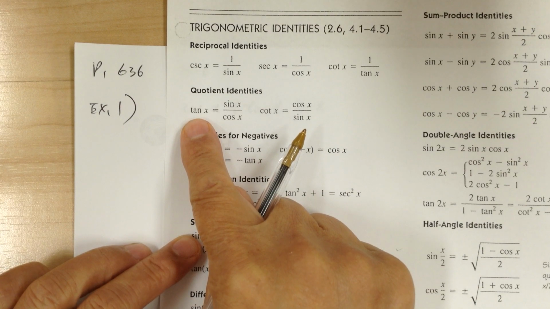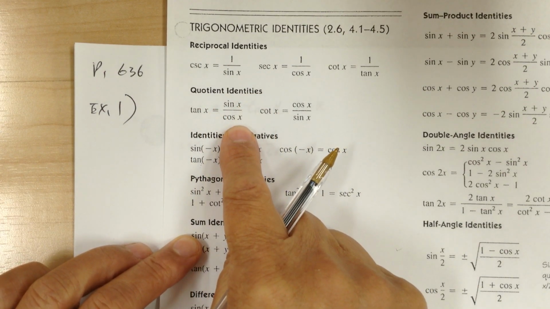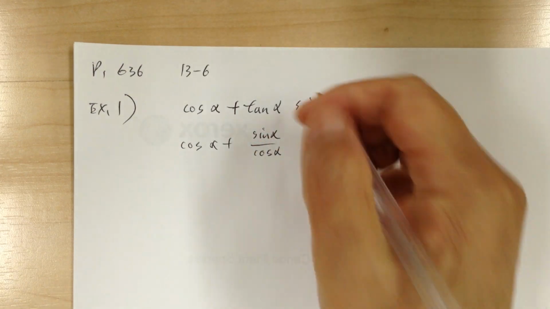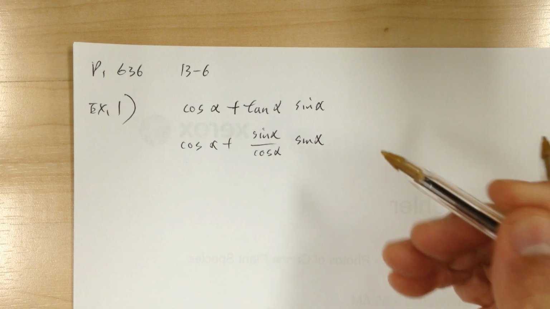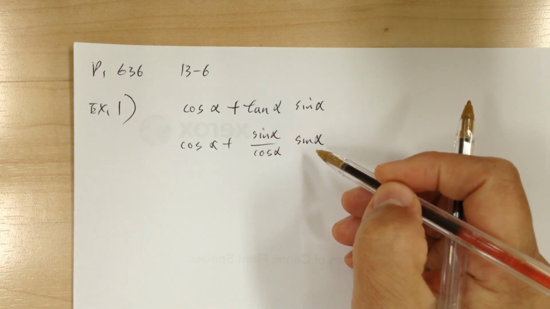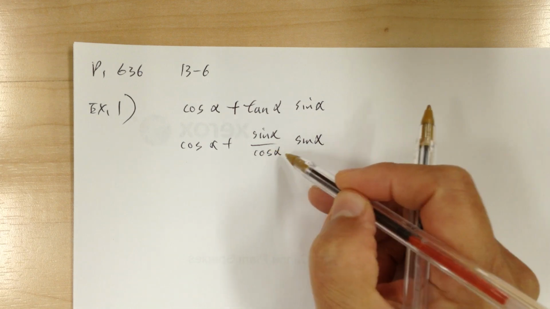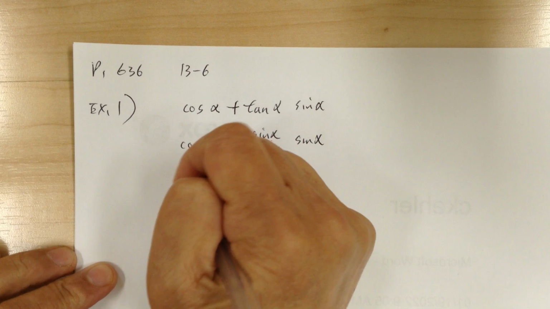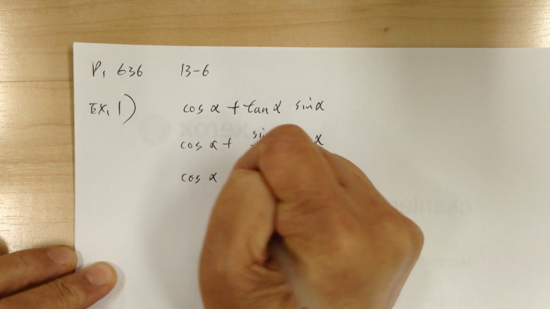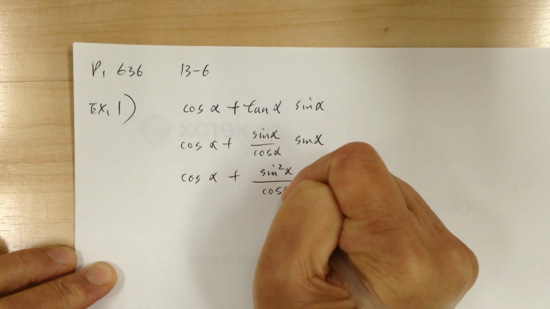This one over here is a quotient identity: tangent x equals sine x over cosine x. And that's where it came from. So when you multiply this together, you get cosine alpha plus sine squared alpha over cosine alpha.